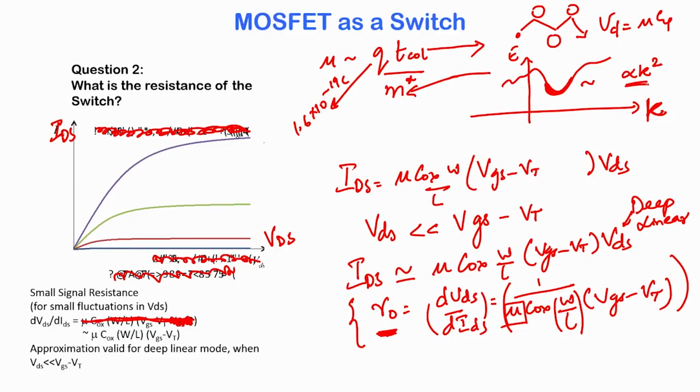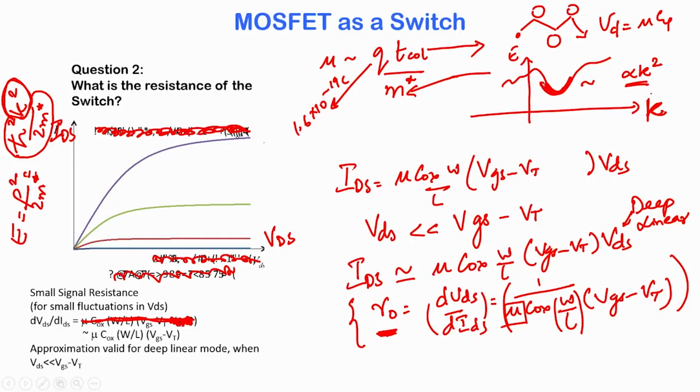And why can it be approximated as a parabola? Because in a classical sense your energy is p square by 2m, and this p is nothing but the momentum, which is also h bar k. So, it is h bar k square by 2m, and this m is nothing but m star, where m star is the effective mass, and therefore, this is a coefficient attached to the k square dependence or a parabolic dependence. So, it is an approximation here.